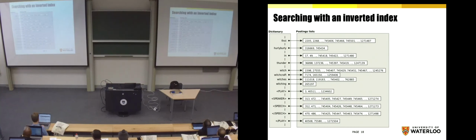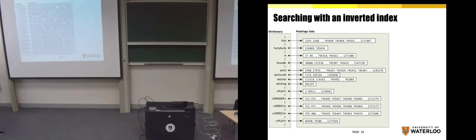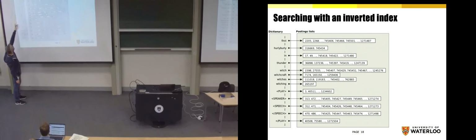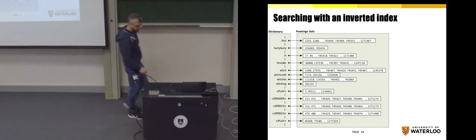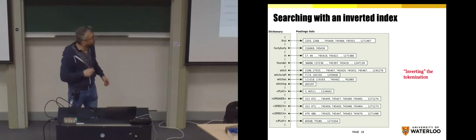It's by far not the only one, but everything else builds off of this in some ways. For every word I've built a dictionary, all in alphabetical order, and essentially I'm inverting the tokenization.